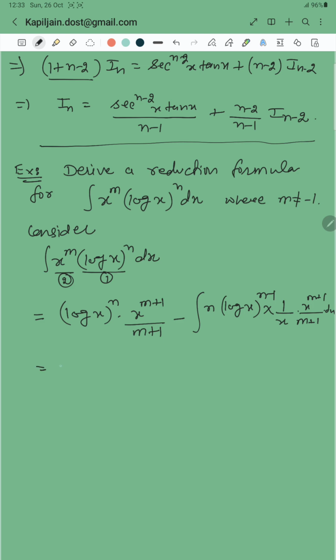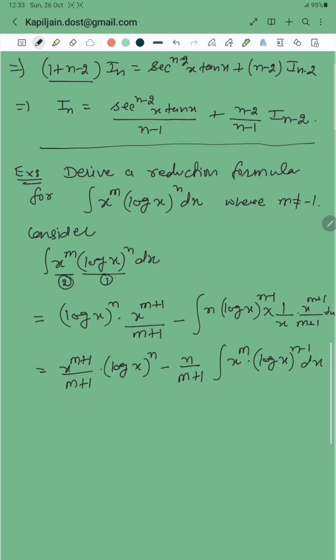Now solving this, x raised to power m plus 1 divided by m plus 1 into (log x) raised to power n, minus n divided by m plus 1 integral x raised to power m multiplied by (log x) raised to power n minus 1 dx.